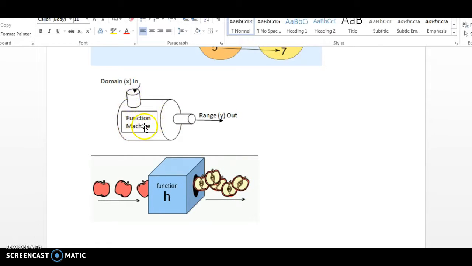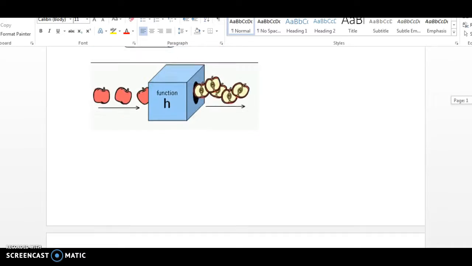Sometimes you see an image like this drawn for a function machine, and the input is sometimes called the domain. It's really your x values. Something happens to this input, and you have the range, or the output, or y values that come out.